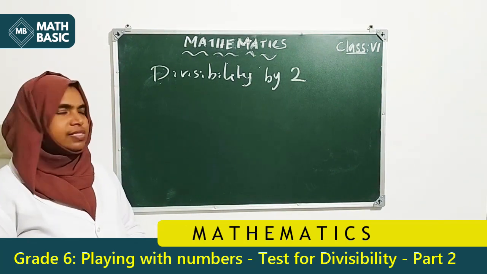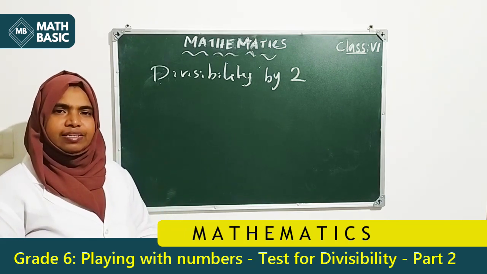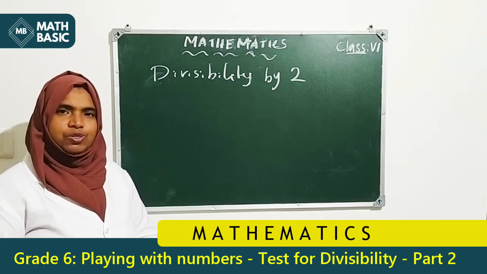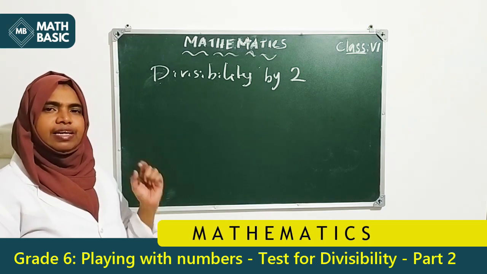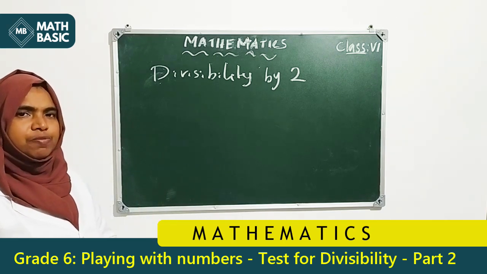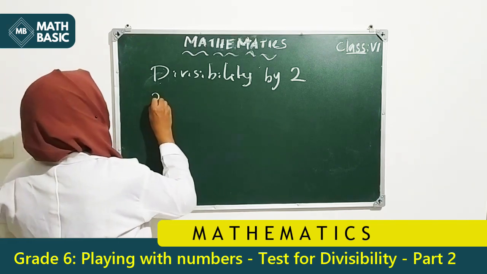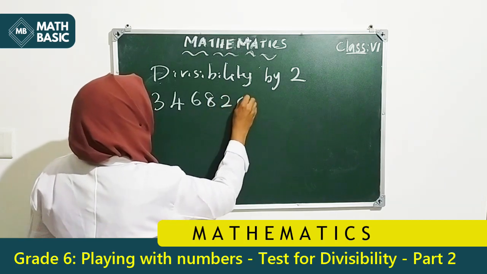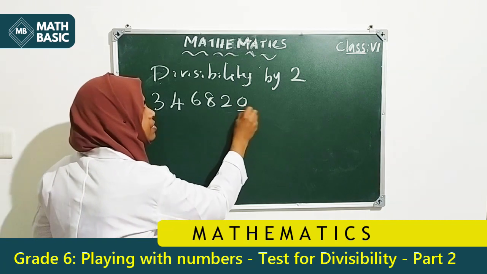Next, divisibility by 2. We have seen that if the ones place number is 0, 2, 4, 6 or 8, then we can say that the number is divisible by 2. See here 3, 4, 6, 8, 2, 0. That means this is a 6-digit number. Ones place is 0.